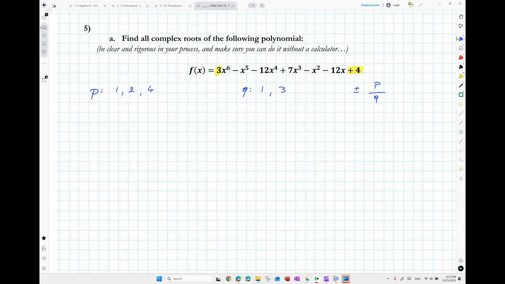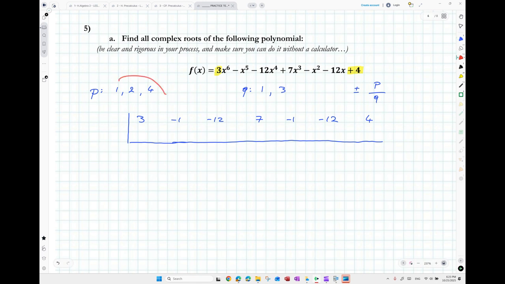So the first thing I'm going to do is to list the coefficients of f of x. So I will have 3, negative 1, negative 12, 7, negative 1, negative 12, and 4. And here you can try the different possibilities.